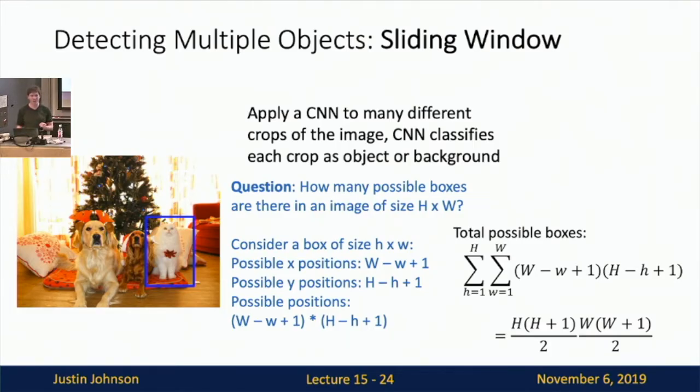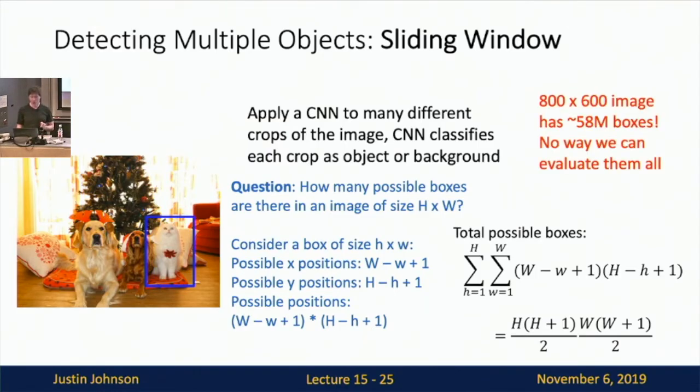Or rather the square of the number of pixels in the image, it's like H squared times W squared, so that's really, really bad. And how bad is this? Well, if we have something like an 800 by 600 image, then it comes out that there are about 58 million different bounding boxes that we could imagine evaluating inside this 800 by 600 image.